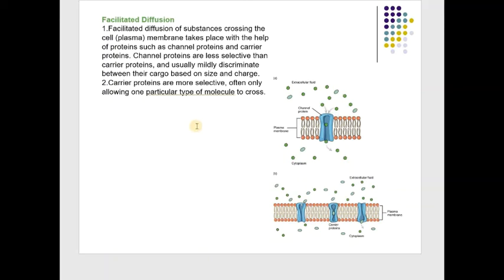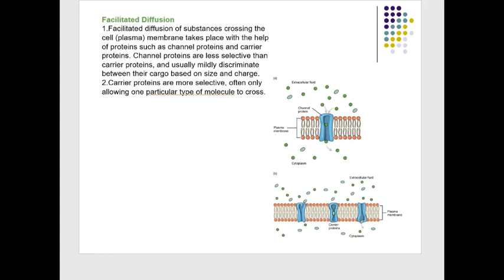Okay, these carrier proteins are more selective and often only carry one particular type of molecule per channel protein. So you have these proteins that will only allow their specific molecule to pass through. It can still use concentration gradients for some of these larger molecules, but it's going to only allow one type through and not everything through.